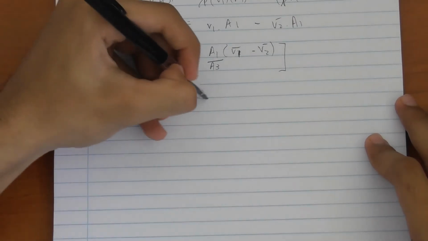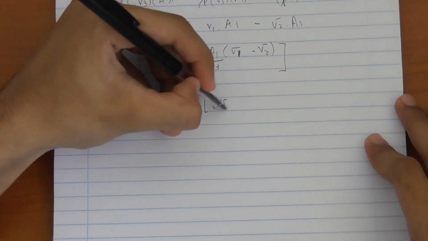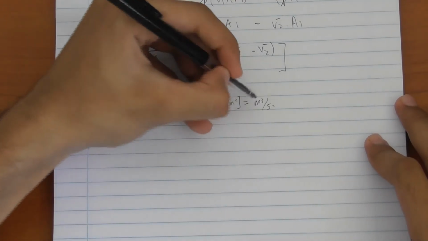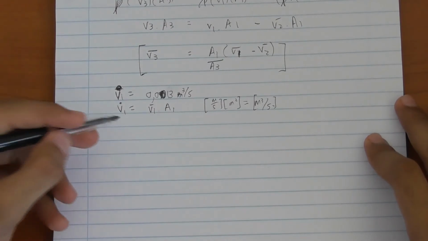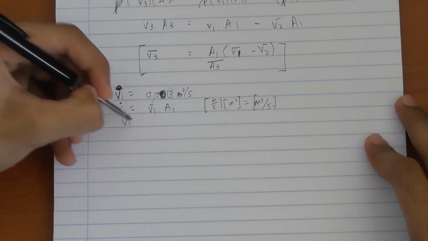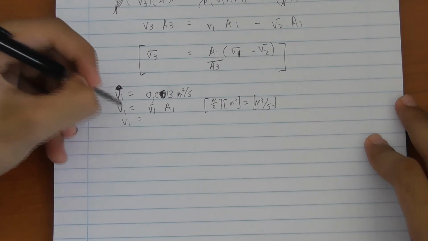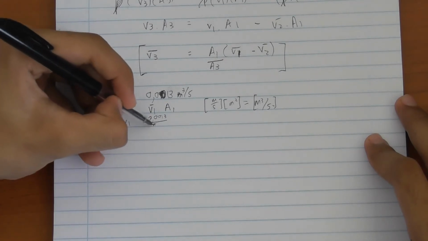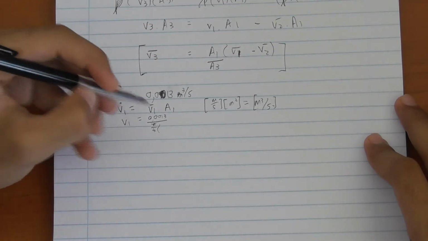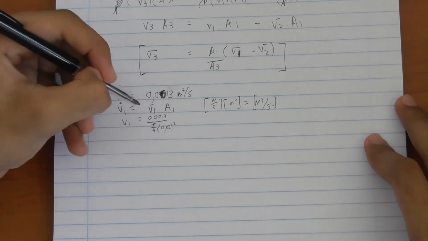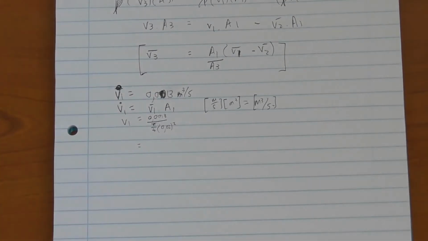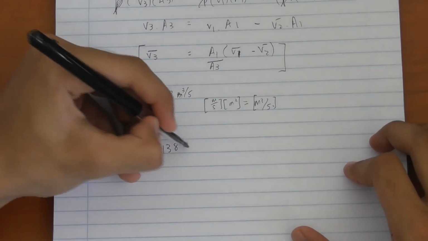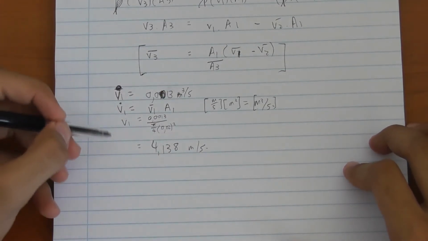If you want to check, you can do a dimensional analysis. Velocity is meter per second, area is square meters. If you multiply them out, you get cubic meter per second. All right. So if I want to find V1, then all I have to do is take volumetric flow rate, 0.0013, divided by the area 1, which is pi over 4, multiplied by diameter 1 squared, which is 0.02 squared, and I get 4.138 meter per second.